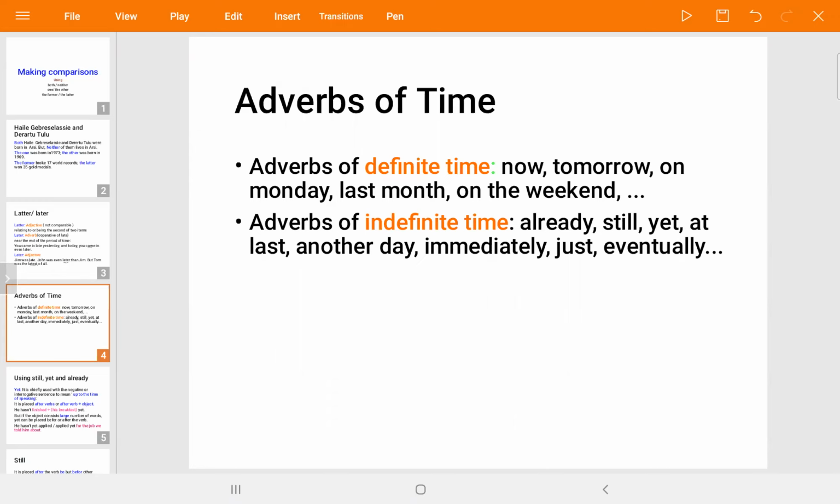But the indefinite time: already, still, yet, at last, another day, immediately, just, eventually. These are what we call indefinite time.